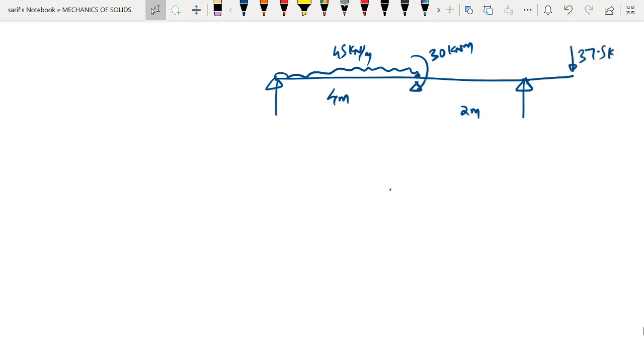This is 37.5 kilonewton, this is 1 meter, and 108.75. First we will draw the shear force, followed by the bending moment diagram. When drawing the shear force, we will make use of the salient values available with us to draw the shear force diagram.